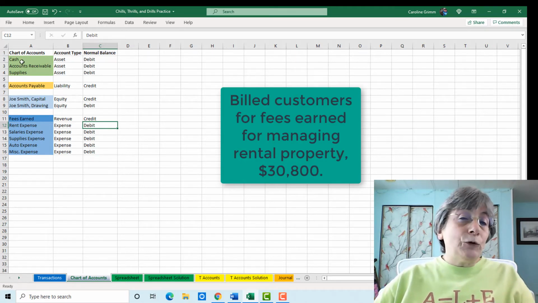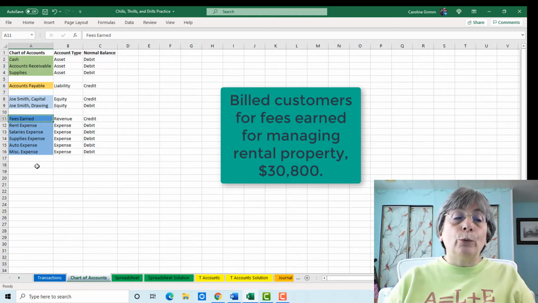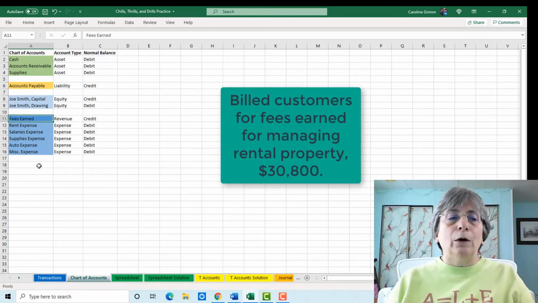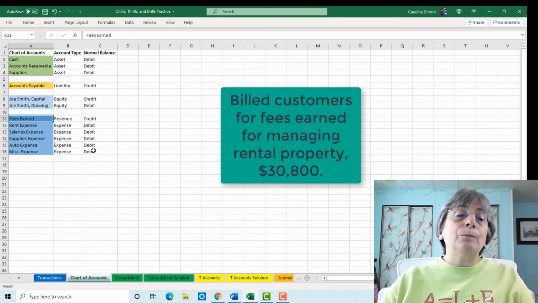So the only names you're allowed to use on your journal lines are these names from your chart of accounts, okay? So you don't want to start calling your revenue account revenue or fees revenue or professional fees or anything else because the name of your account is fees earned.